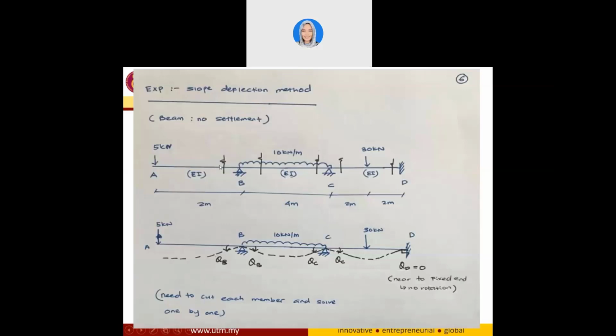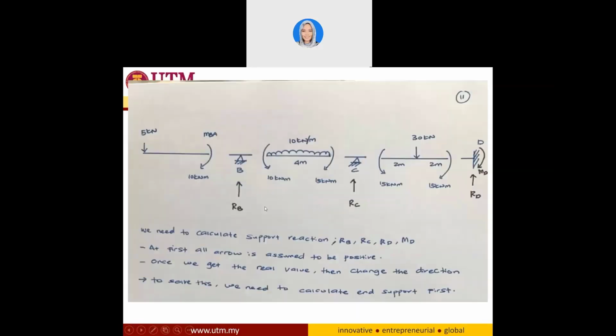We have MBA of 10 kilonewton meter, and for member BC we have negative 10 kilonewton meter at one end and a positive 15 kilonewton meter at the other end, and for member CD we have negative 15 kilonewton meter and 15 kilonewton meter at the other end.